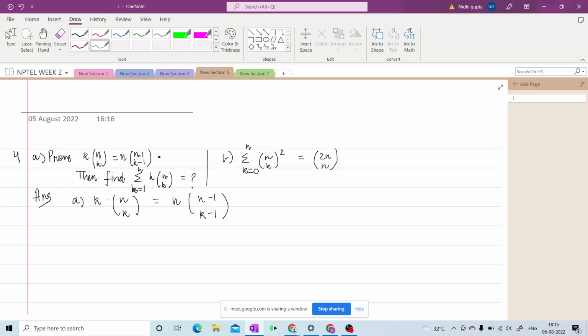On the LHS we have these two terms appearing, n choose k multiplied by k.